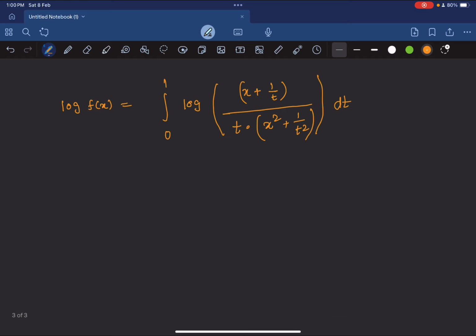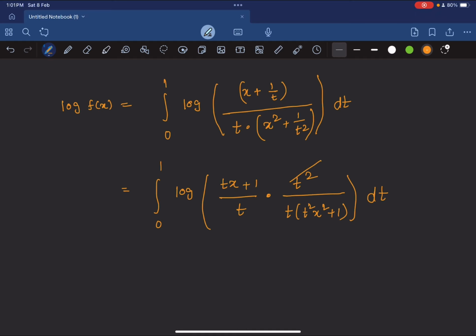And now let us take the LCM and simplify it. So it will be tx plus 1 upon t, times t square upon t into t square x square plus 1, dt. This t and this t will get cancelled.